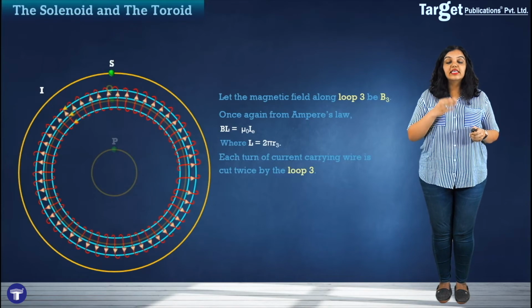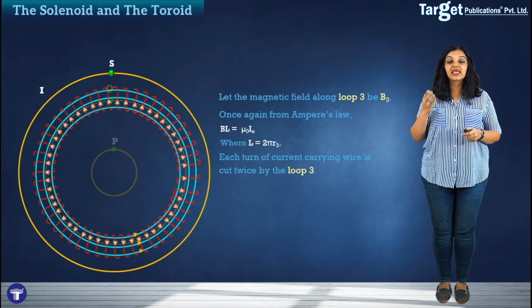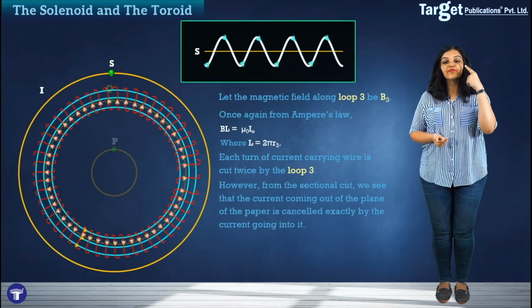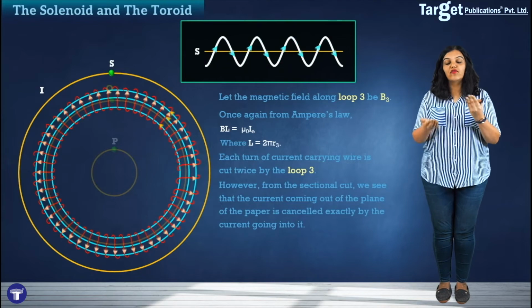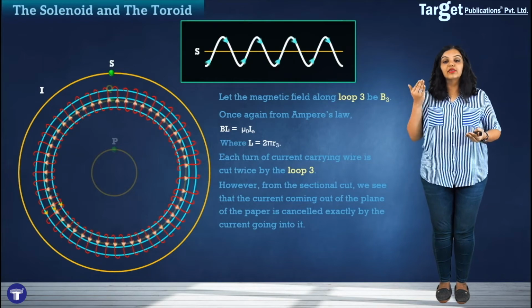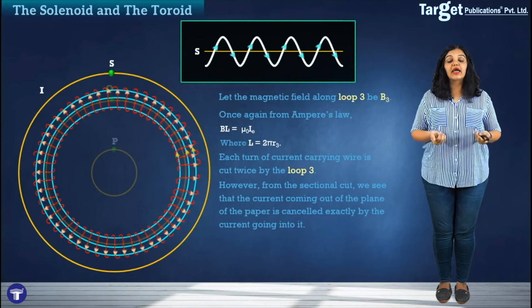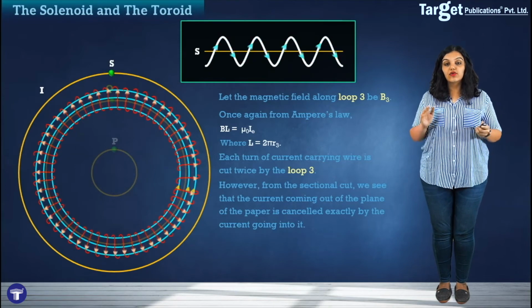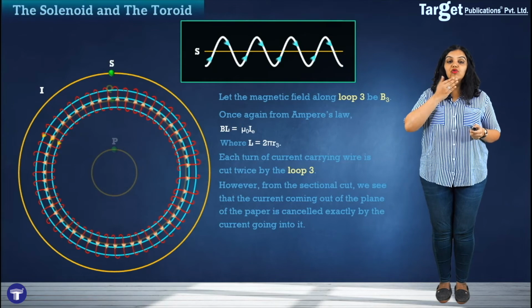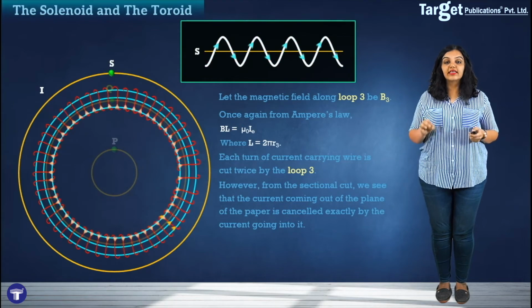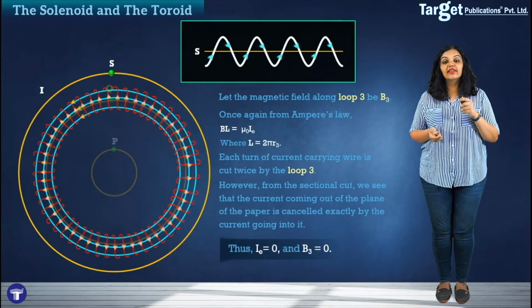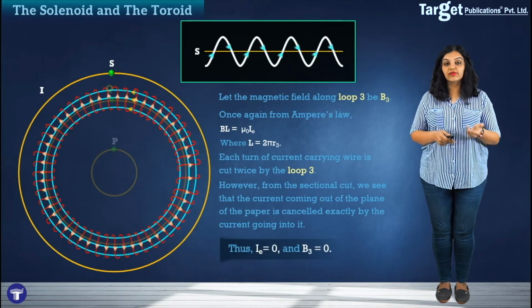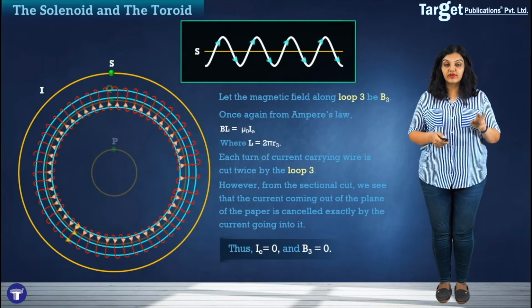So therefore I say that each turn of the current carrying wire is cut twice by the loop 3, and because of this, the current coming out of the plane of the paper, that is the current coming out of the Amperian loop, is cancelled exactly by the current going into it, and therefore overall this surface is cutting no current. So the current coming out of the loop and current going into the loop is exactly the same. They are being cancelled by each other, and therefore again IE comes out to be 0, and consequently B3 comes out to be 0. And this is very important to understand.